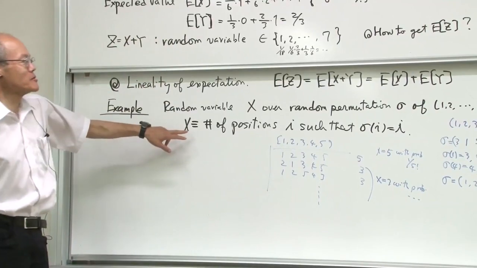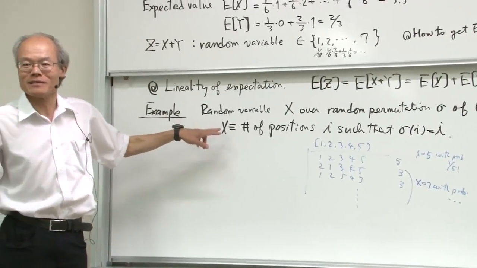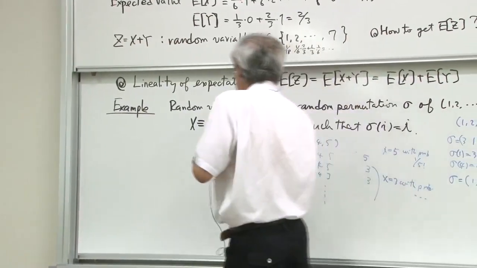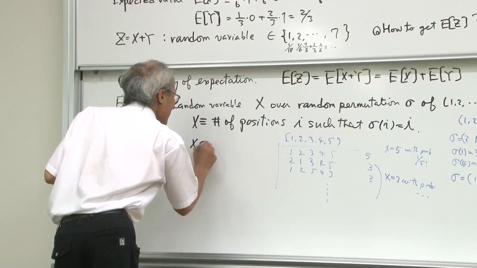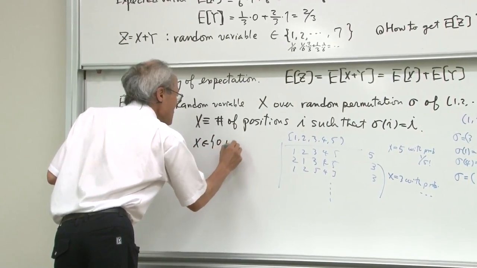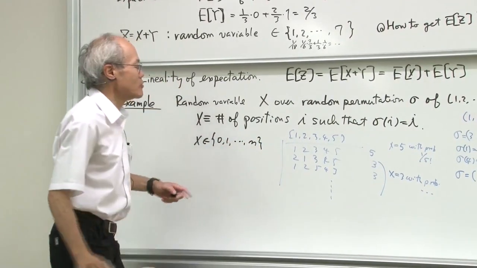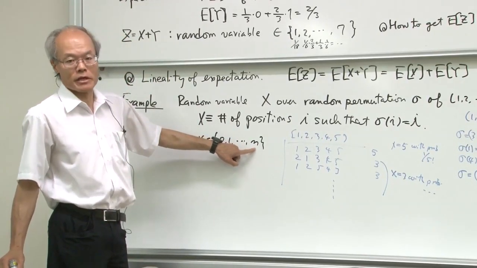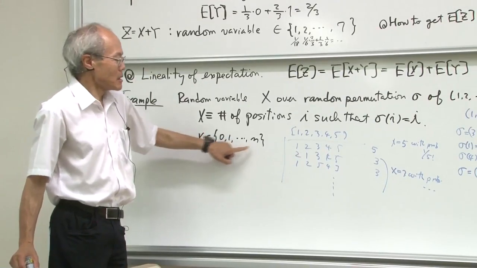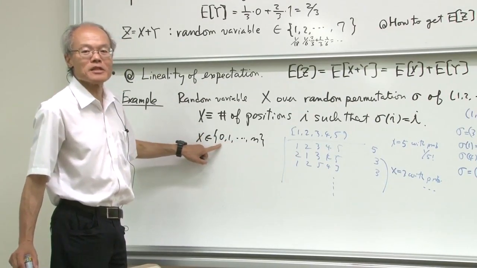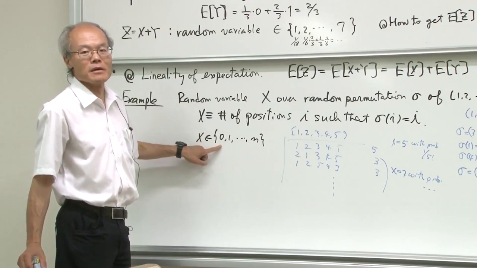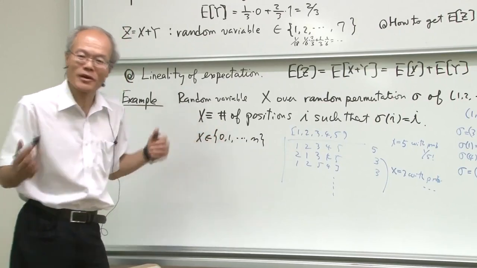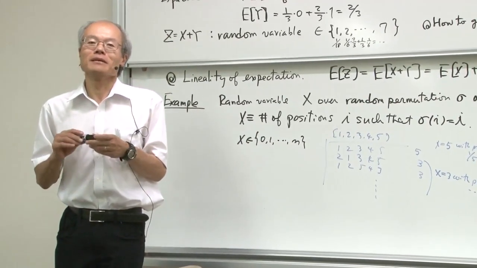So now I assume that you understand this random variable x. It takes values 0, 1, up to n. Calculating the probabilities is quite messy.